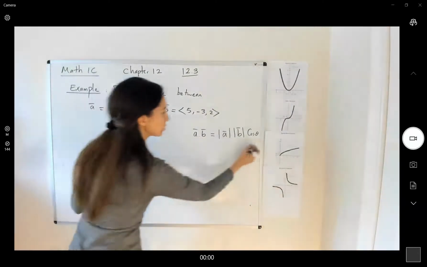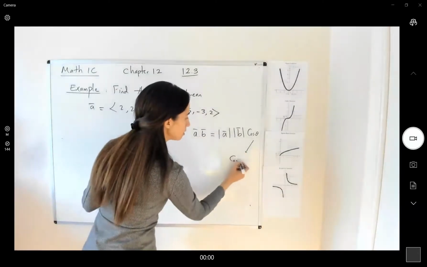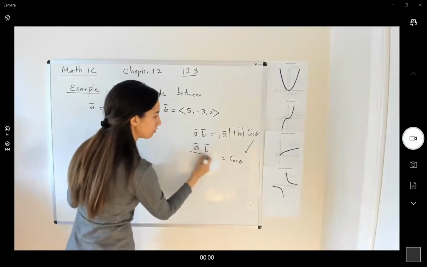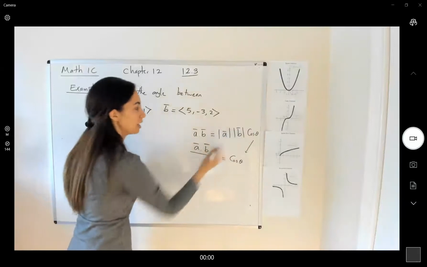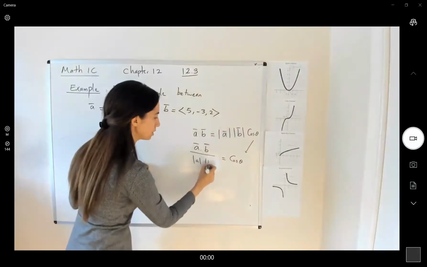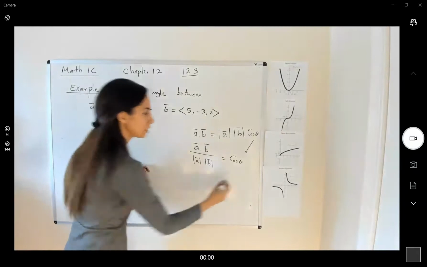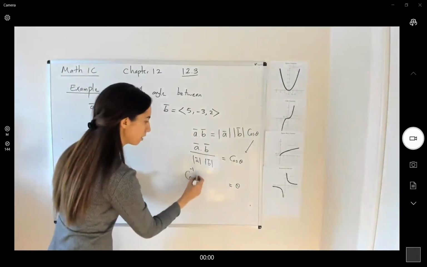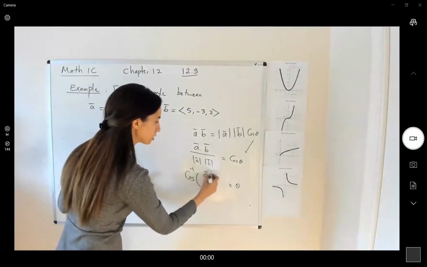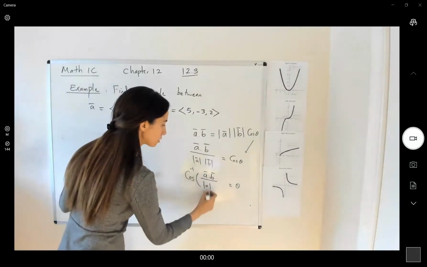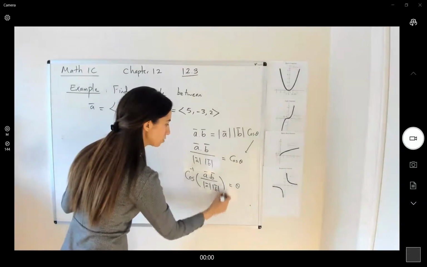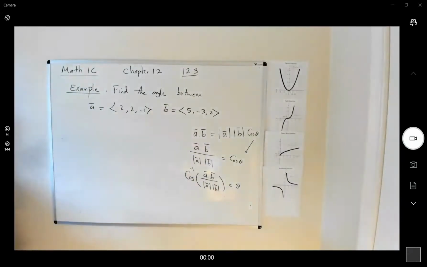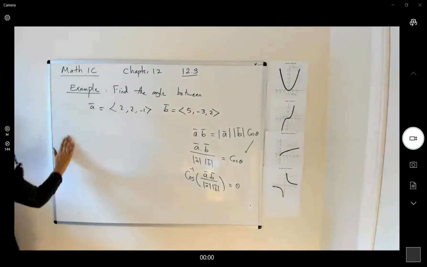So you can rewrite cosine theta as A dot B divided by the magnitude of A times the magnitude of B. Then theta is equal to the inverse cosine of A dot B divided by the magnitude of A times the magnitude of B.